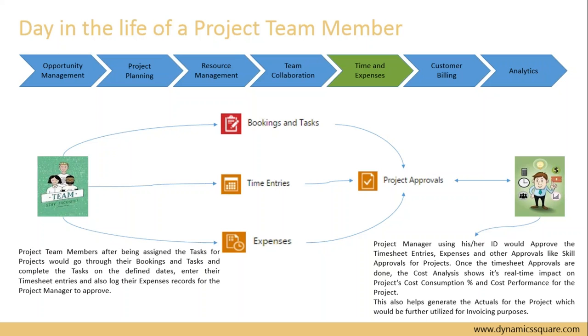Once the timesheet approvals are done, the cost analysis on the project shows the real-time impact on the project's cost consumption percentage as well as cost performance for the project. This also helps generate the actuals for the project, which would be further utilized for invoicing purposes.